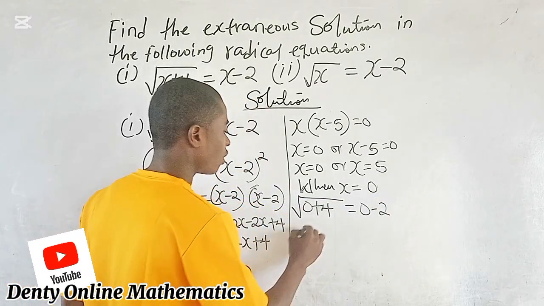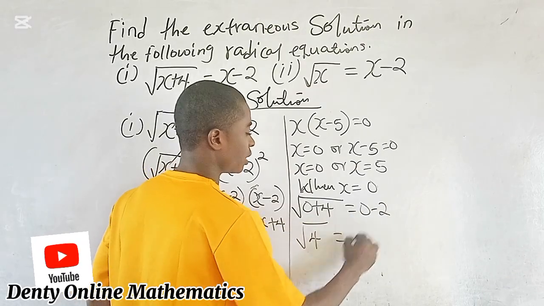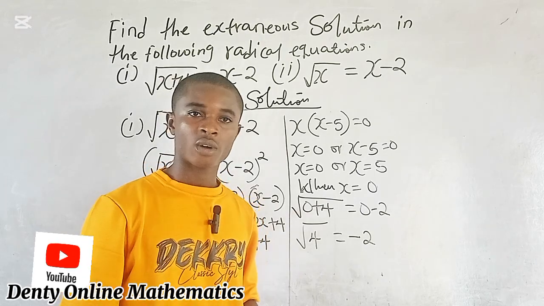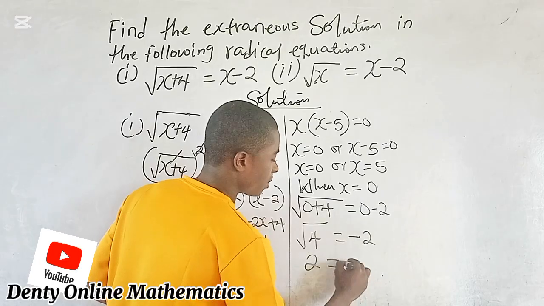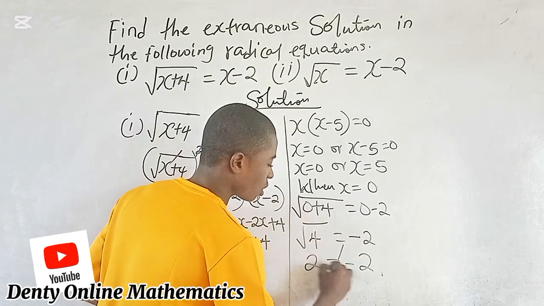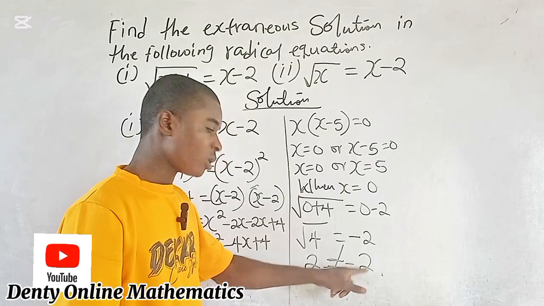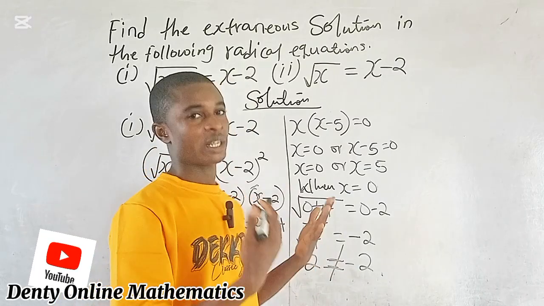Now 0 plus 4 is the same thing as 4, equal to 0 minus 2, which is minus 2. Now what is the square root of 4? The square root of 4 is 2, equal to minus 2, which is wrong. You see, 2 is not equal to minus 2. 2 is not the same thing as minus 2.